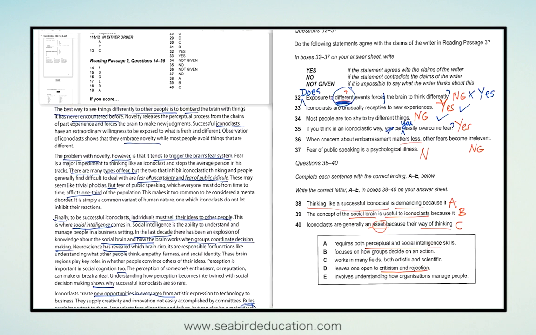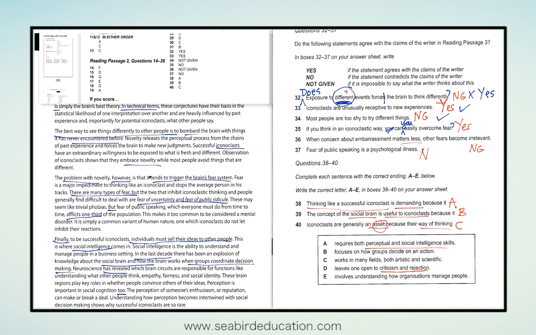Fear of uncertainty. Fear is a major impediment in thinking like an iconoclast and stops the average person in his tracks. Apparently it's no. Can you easily overcome fear?